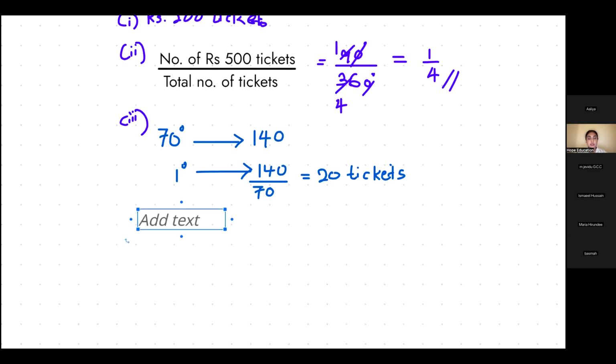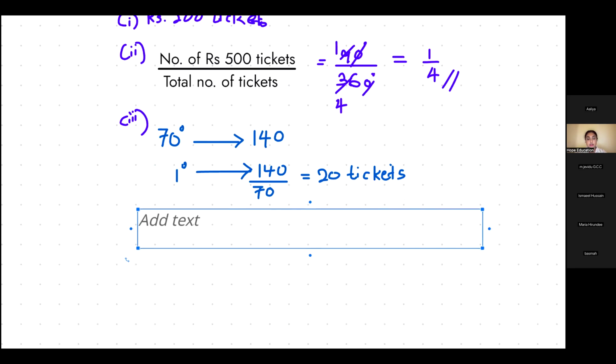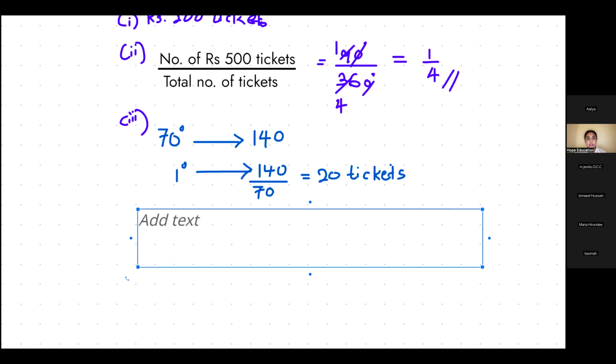Angle representing 200 rupee tickets is from 360, you're going to subtract 1,000 rupee tickets 70 degrees plus 500 rupee tickets 90 degrees. That means from 360 degrees you have to subtract 160 degrees. Then you get 200 degrees.